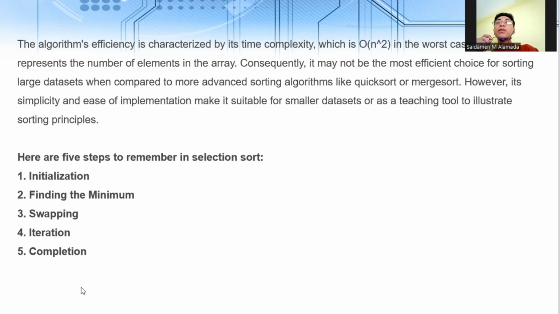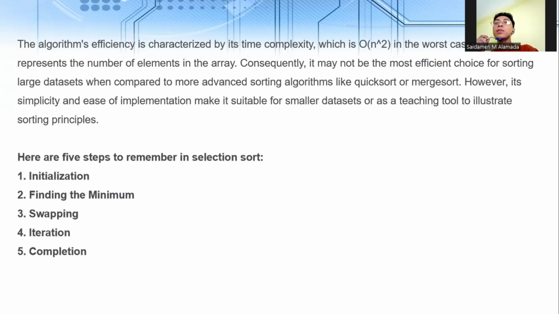The algorithm's efficiency is characterized by its complexity, which is O(n^2) in the worst case, where n represents the number of elements in the array. Consequently, it may not be the most efficient choice for sorting large datasets when compared to more advanced sorting algorithms like quicksort or merge sort.